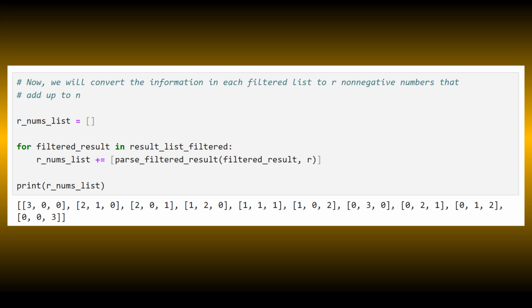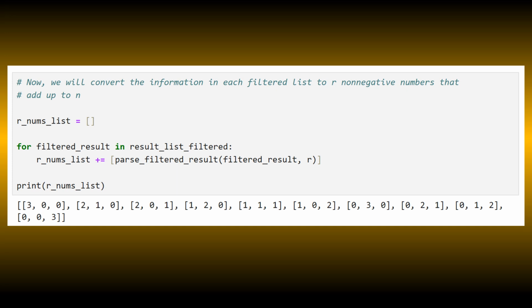All right, so now we will apply our function to each and every one of these lists within that one bigger list, right? So we're going to do parse filtered results, and we're going to add it to a list of lists called rnums list. That will be a list of all possible vectors of length 3 that add up to 3.